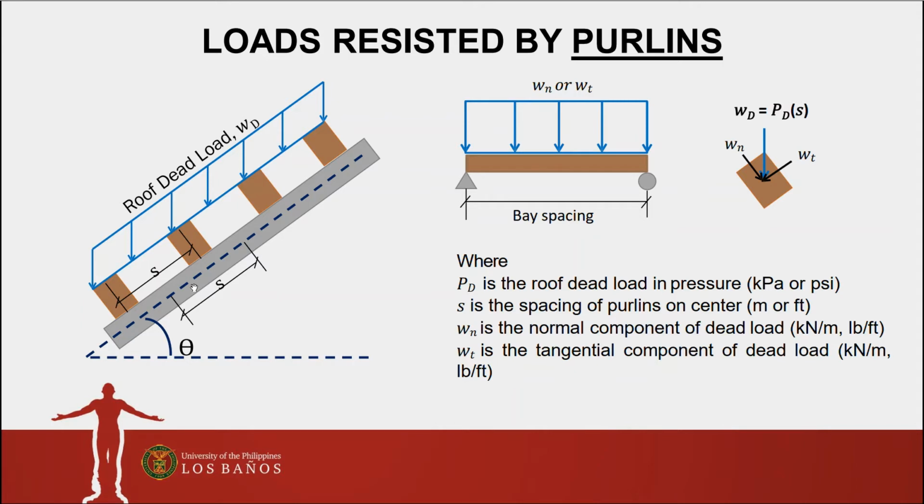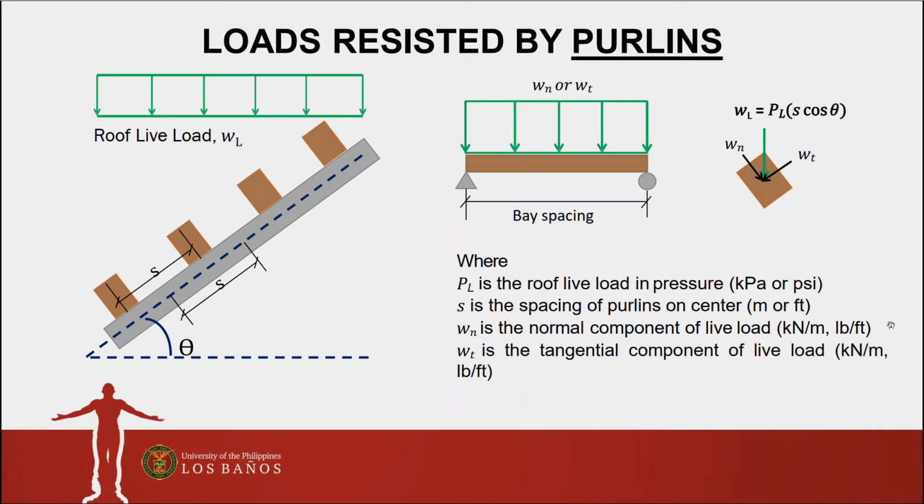The purlin is simulated as simply supported. In order to determine the normal and tangential components, we can use trigonometric functions to determine the corresponding values for the normal component of the dead load and the tangential component of the dead load.